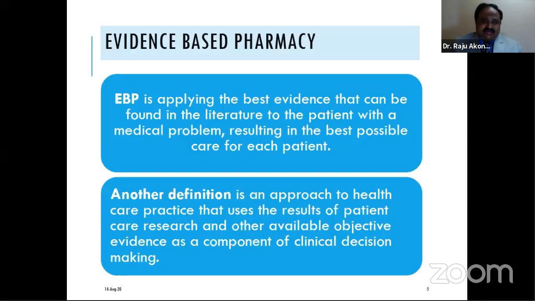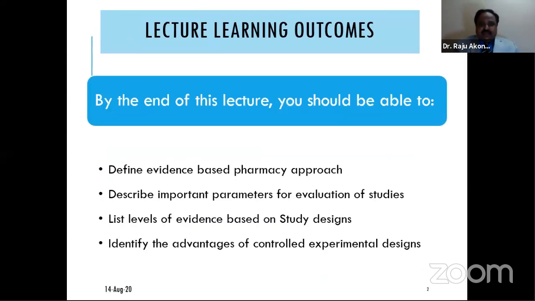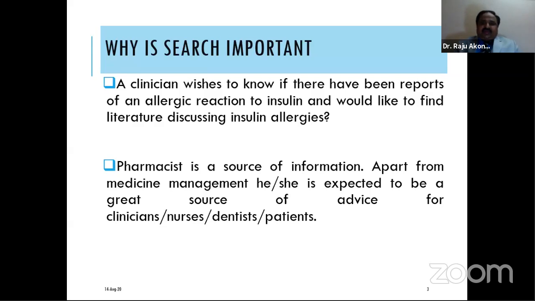Now let's go back. Why the search is important. A clinician wishes to know if there have been reports of an allergic reaction to insulin and would like to find literature discussing insulin allergies. It's very common that you get a doubt, or maybe a doctor has a doubt in his mind: what is the possibility of getting an allergic reaction with insulin?